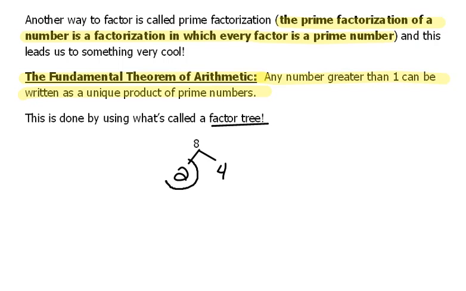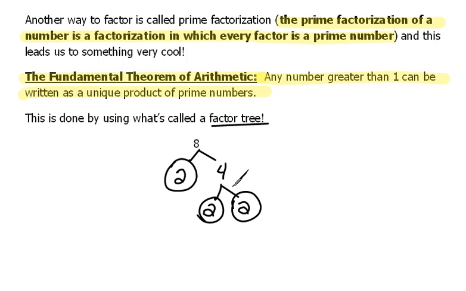Well, the number 2 is a prime number. Since that's prime, I'm going to circle it. Now 4, I can break it down further. I can think of two things that multiply together to get 4, and that would be 2 times 2. Now, every time I reach a prime number, I circle it.